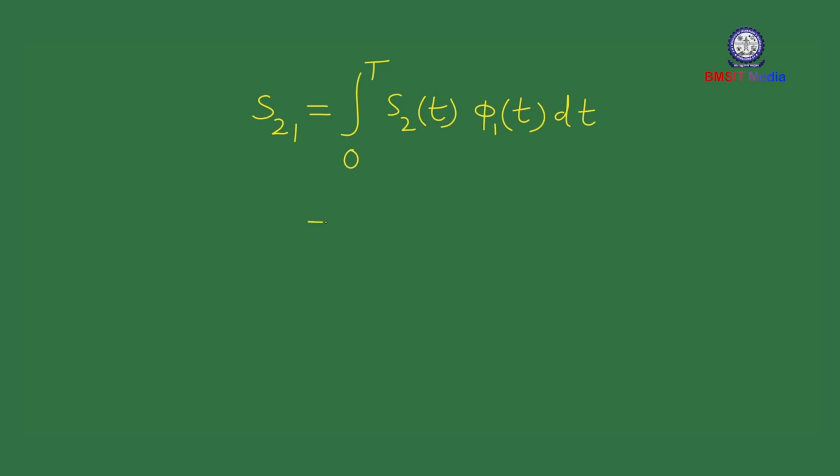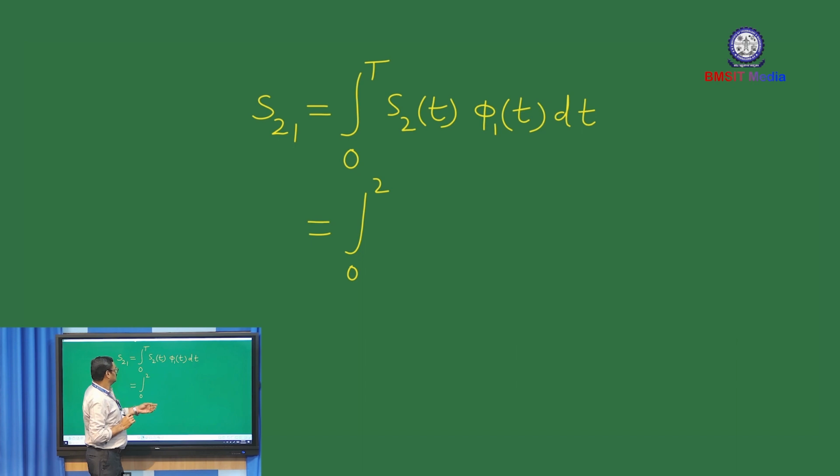So S21 will be integral 0 to 2. I am limiting the limits to 2 because S2 of t exists only over 0 to 2, and pi 1 of t, though it is existing from 0 to 4, but the value of S2 of t is 0 after 2. That is why I am limiting the limits to 0 to 2.